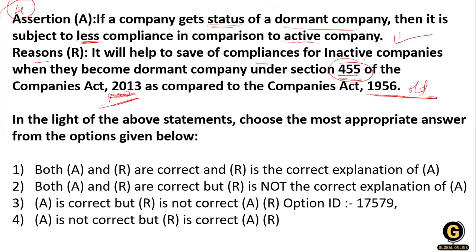Yes ma'am, this is true, because an active company has more compliance: they need to maintain their accounts, give reports to their managers, and implement whatever they plan. So there is less compliance, because there is no need to prepare these kinds of things in a dormant company. So A is right over here. Clear? What about the next one?